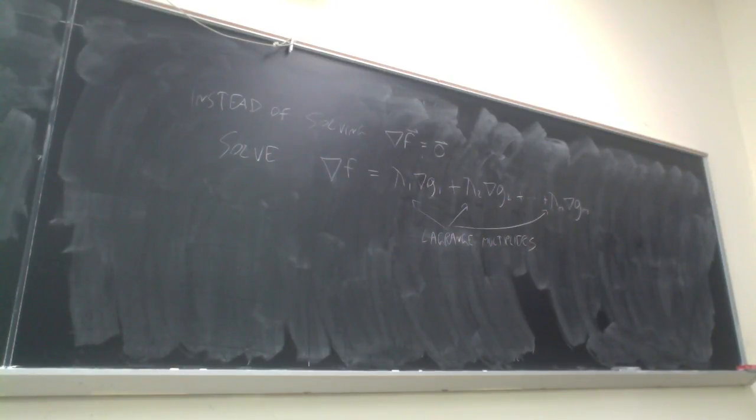This approach to solving the problem is called the method of Lagrange multipliers. So the idea is that by throwing in more variables, we can have a system of equations to solve. Although it's going to be more difficult because of the extra variables, still we can actually find a solution, like a max or min of f that actually obeys all of these constraints.